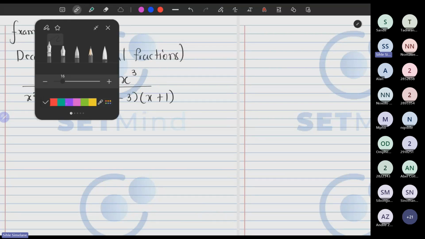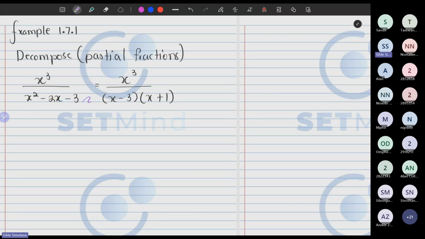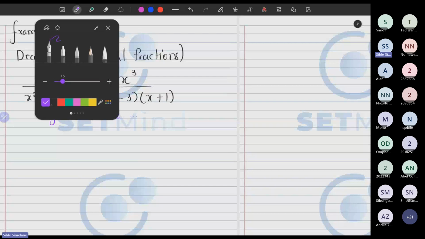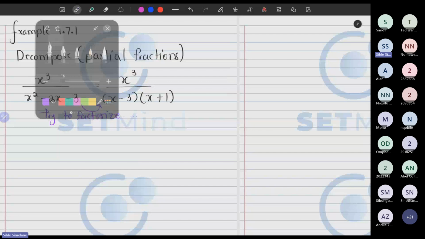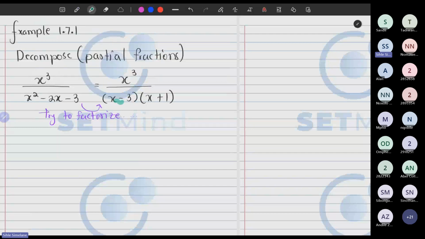Try to factorize that denominator. By all means, try to factorize. We'll see cases where you can't do that. So after factorizing, you now are in a position to start working. Because we have linear factors here, so this is linear and that is linear, we were able to factorize that.